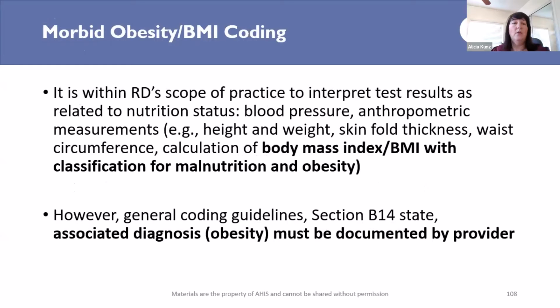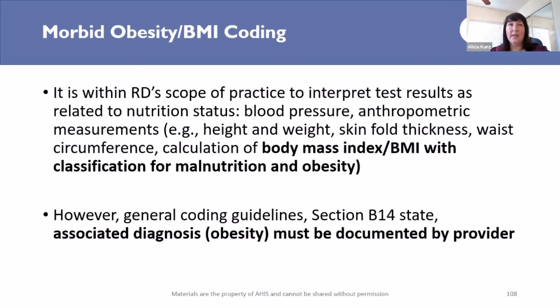Morbid obesity or obesity codes. It's important to code obesity with our Medicare Part A's because some obesity codes will get us more points, but remember, we have to have that documented by the physician. To code obesity, that has to be documented by the physician.